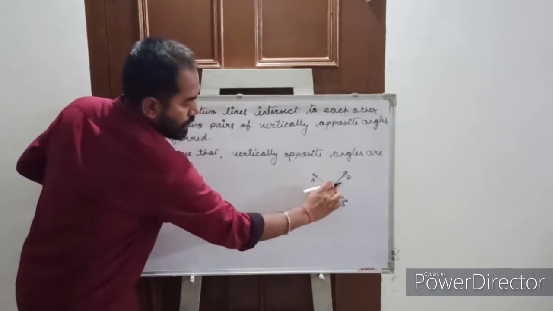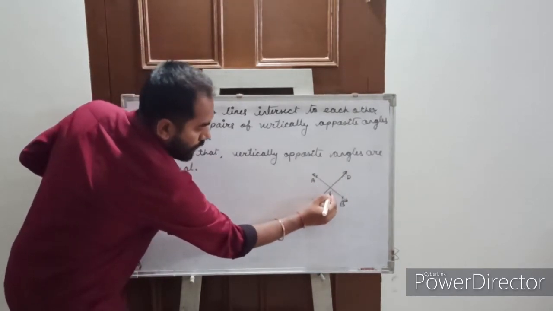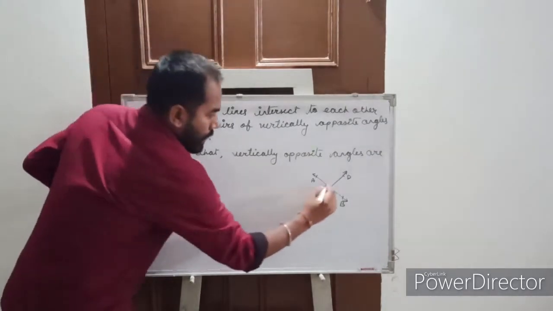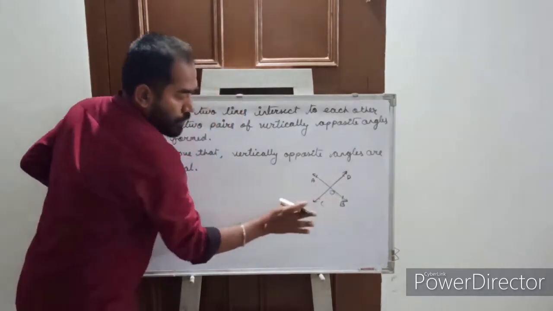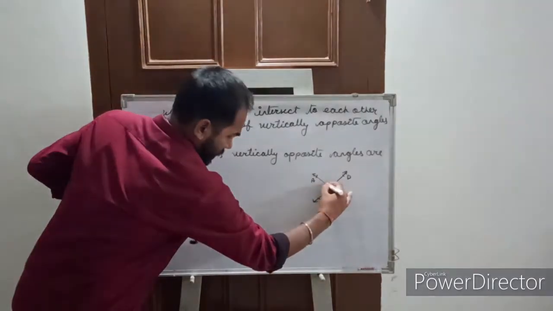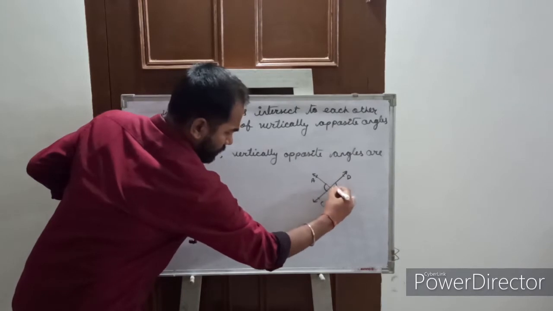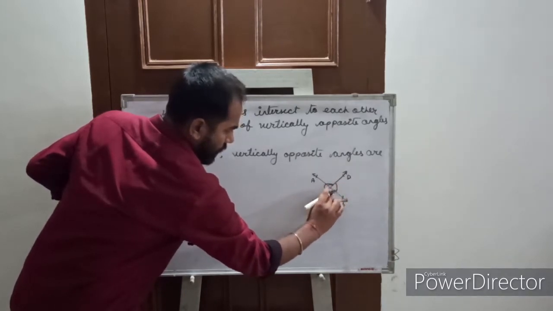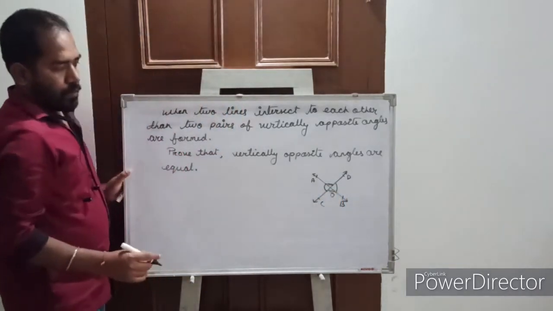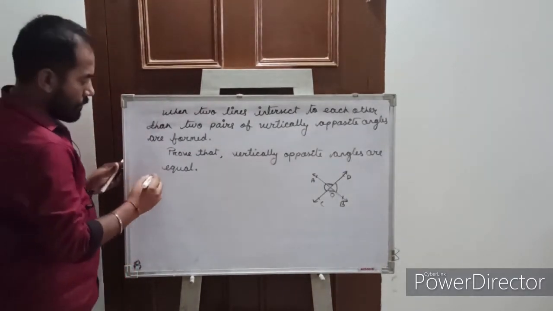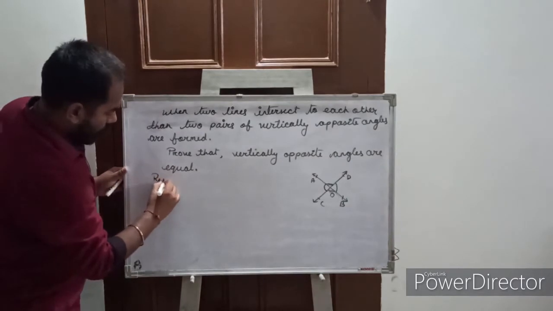That means AB and CD are two lines and they intersect each other at the point O. Then they form two pairs of vertically opposite angles, AOC and BOD, and another pair, AOD and BOC. Let's write down the restatement.